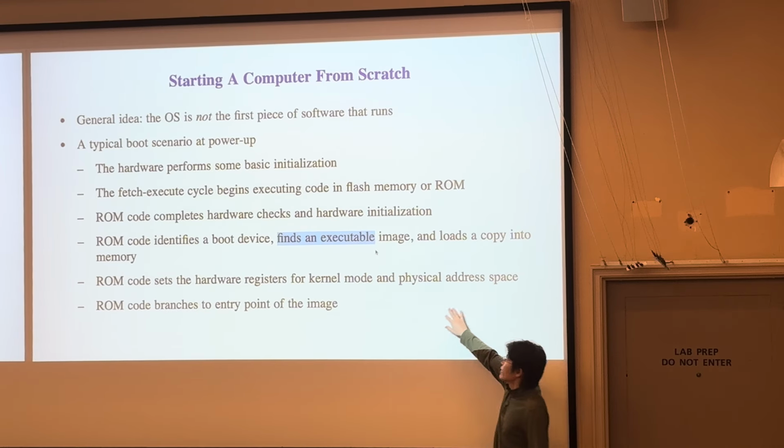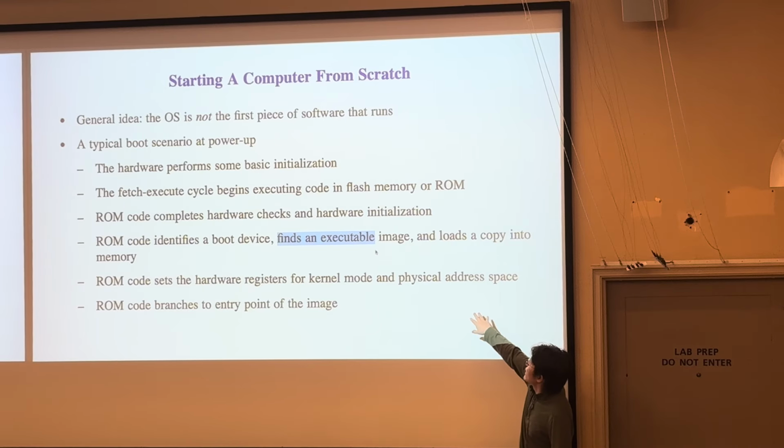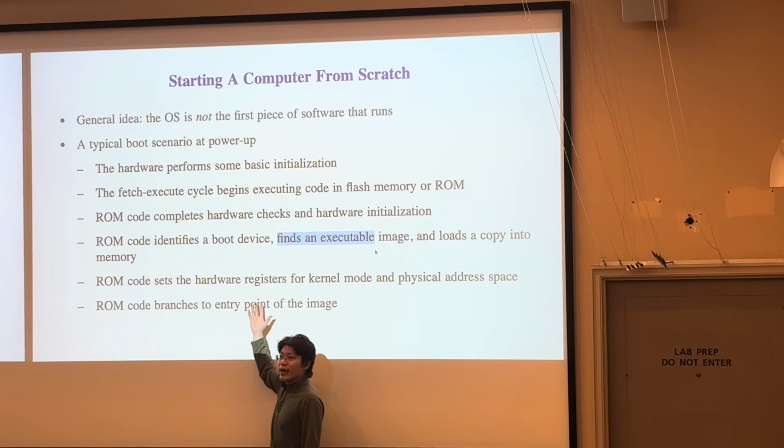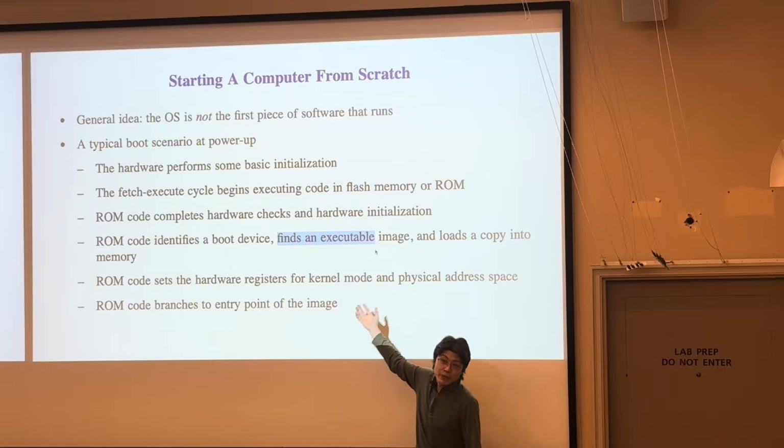The ROM code also sets the physical address space, and after it finishes all of this, it will branch to the entry point of the image, which is your OS. This is when your OS really starts executing. So the ROM code is the bootstrapper or bootloader.